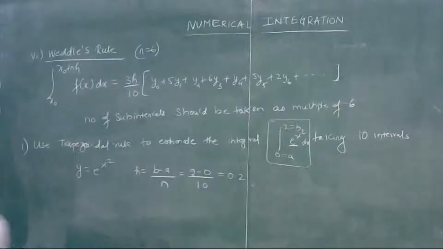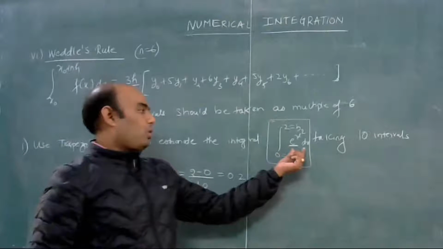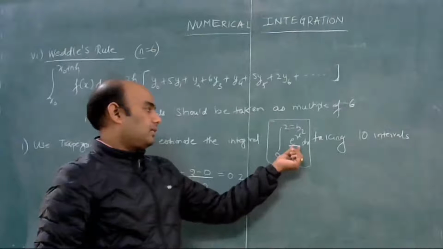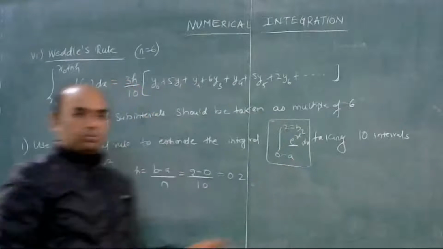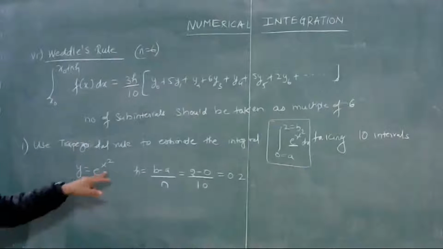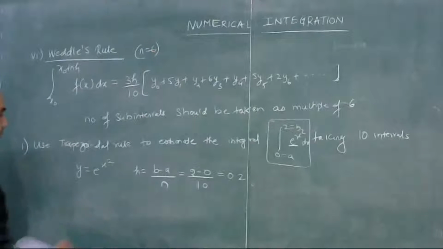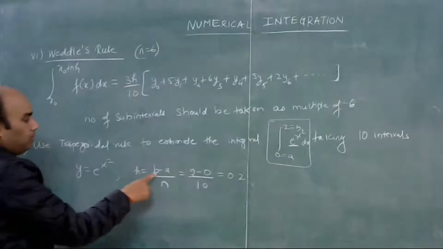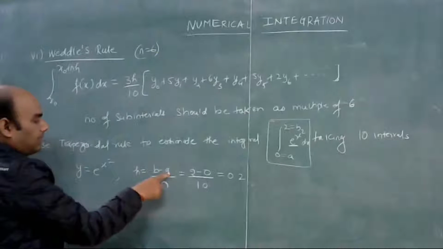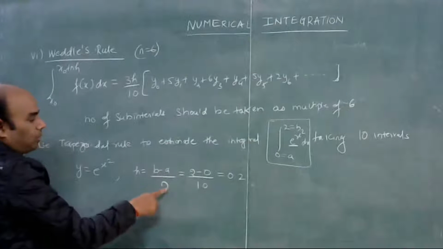So the first step is to find f of x, that is y, which is e to the power x square. Then you have to find the value of h. In the formula you need h, so h is equal to b minus a, upper limit minus lower limit, divided by the number of intervals.